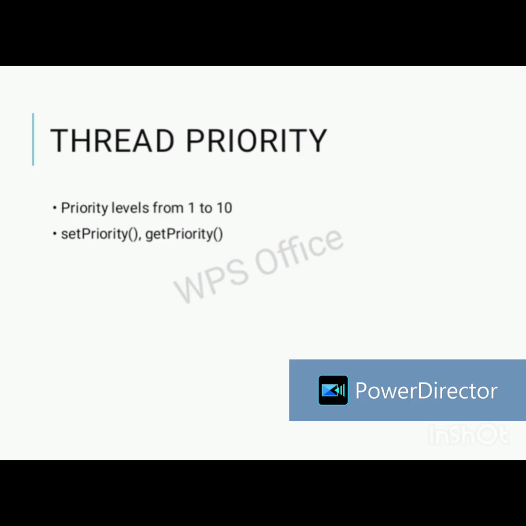However, thread scheduling is highly platform dependent. Some operating systems may ignore priorities altogether, making it unreliable for strict control. Important note: priority should not be used as a means of control in critical logic. Thread priority is more of a suggestion to the scheduler than a rule.